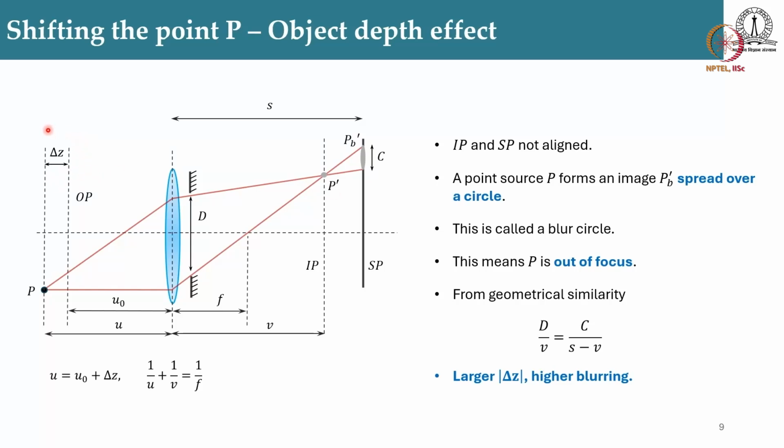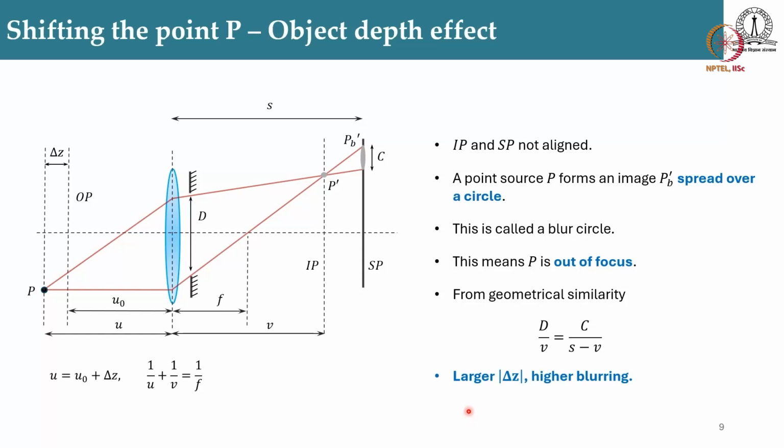So this shift of the particle in the optical axis direction, which we will mark as Z, leads to a blur circle formation, and again a point source forms an image which is spread over a circle, and we call this again a blur circle, and this means that the image is not in focus. Here again you can use geometrical similarity between this triangle and this triangle to deduce this relation, which looks very similar to the previous relation actually.